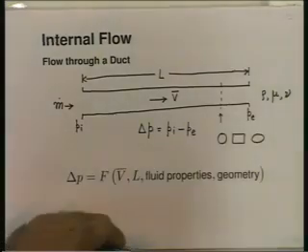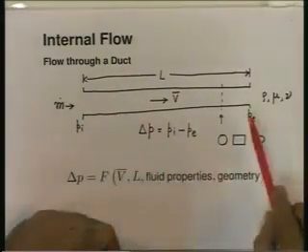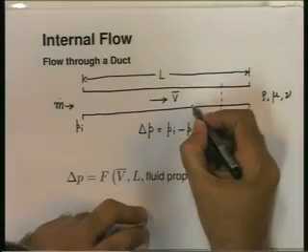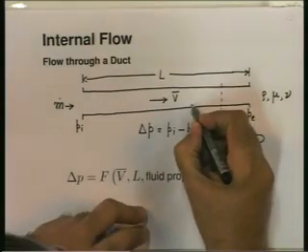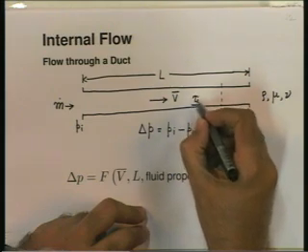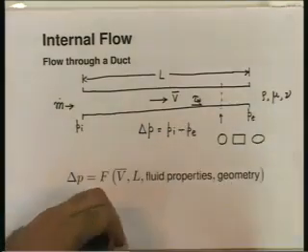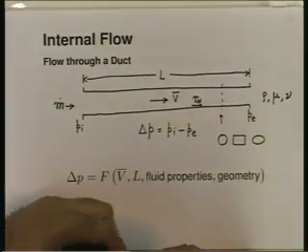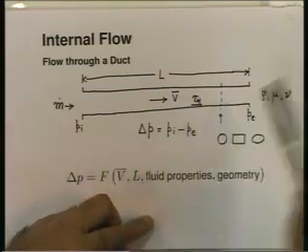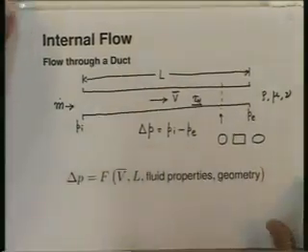At the gross level, we will be interested in the pressure drop. But because of the viscous action, there will be a shear force acting on the wall. We may call it tau wall. In fact, we can relate the shear force on the wall to the pressure drop through some simple geometric relation.